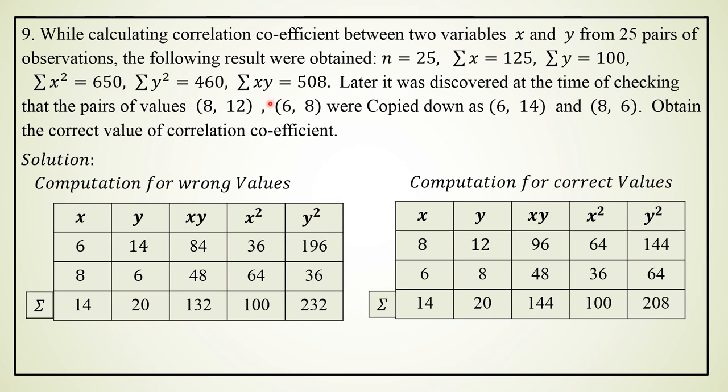Similarly, in the case of summation y square also, summation of y square for the wrong data points is 232, and summation of y square for the correct data points is 208. Hence, I am going to subtract 232 from 460 and add 208. So there will be a change in only summation y square value and summation x into y value.